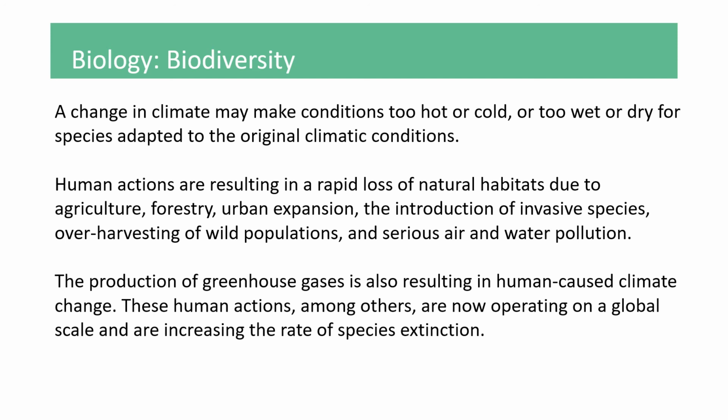The production of greenhouse gases is also resulting in human-caused climate change. These human actions, among others, are now operating on a global scale and are increasing the rate of species extinction.